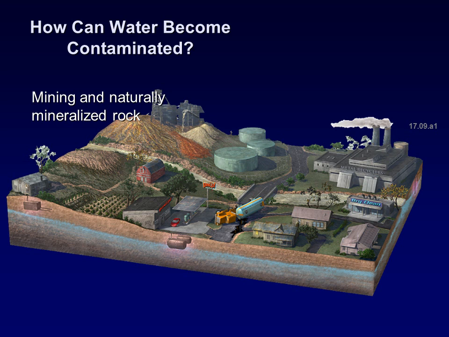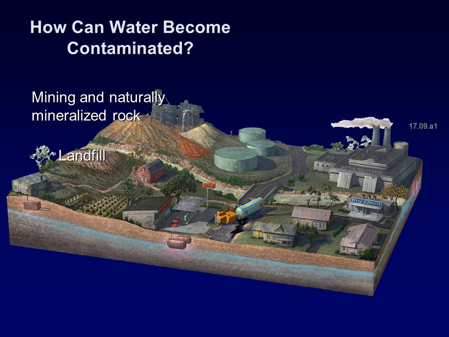For example, if there's lead in the mine, lead poisoning is a very serious problem, and can contaminate the groundwater. The same thing goes for mercury or uranium. All sorts of things that we mine can also be a natural contaminant.